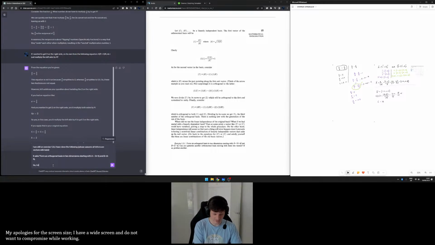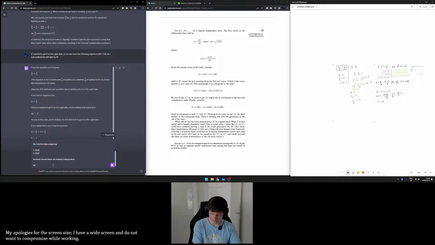So I started by assigning i as 1, 0 and j as 0, 1, because I know these are linearly independent.